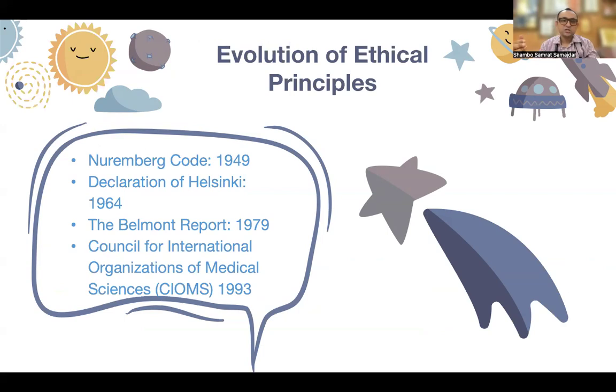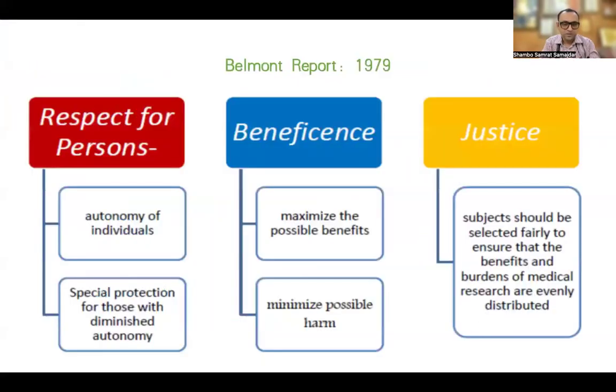We got different ethical principles, be it the Nuremberg Code in 1949, after the Nazi war crimes, then the Declaration of Helsinki in 1964, the Belmont Report in 1979, the Council for International Organizations of Medical Sciences, 1993.